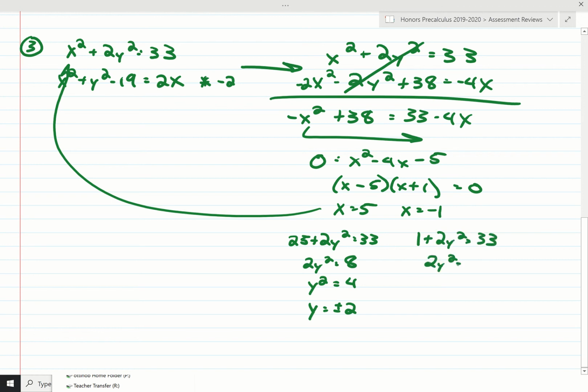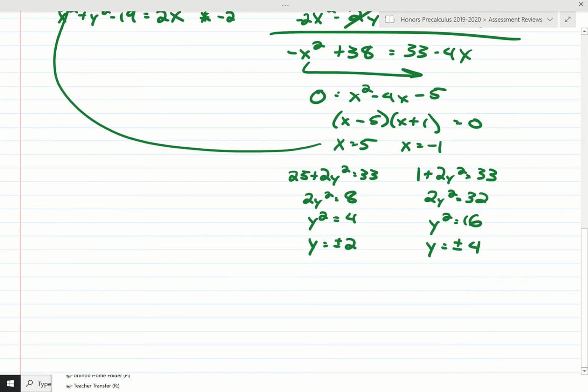So 2y squared would equal 32. y squared would be 16, and y would be plus or minus 4. So we actually wind up with 5 comma 2, 5 comma negative 2, negative 1 comma 4, and negative 1 comma negative 4.